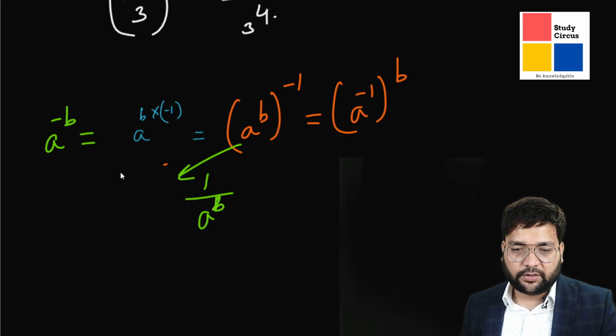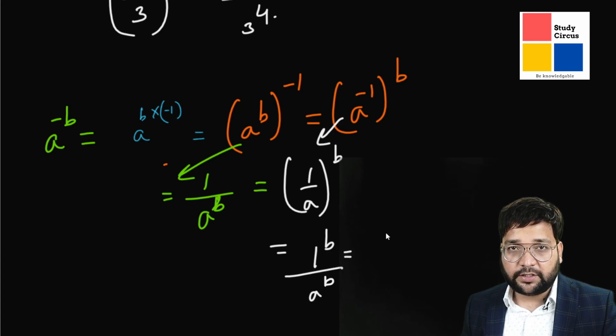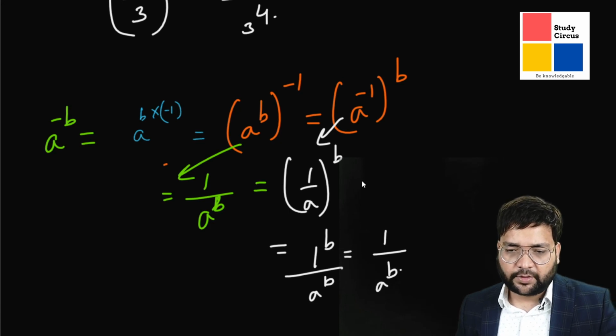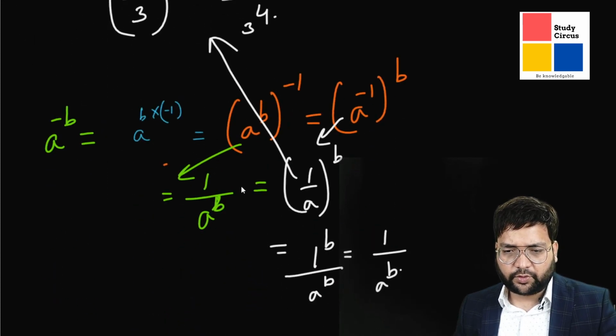This is 1 by a whole to the power b, that is 1 to the power b upon a to the power b, same thing, right? So this property here is this one.